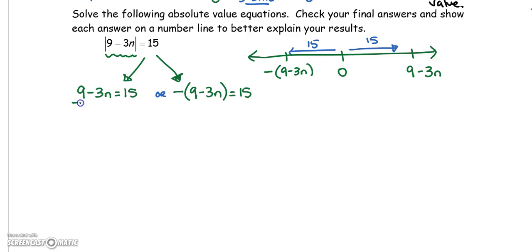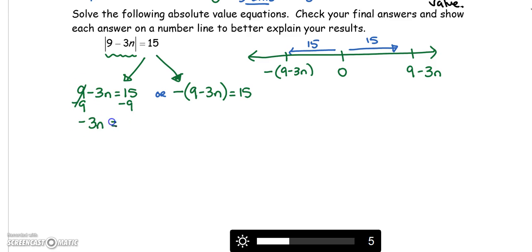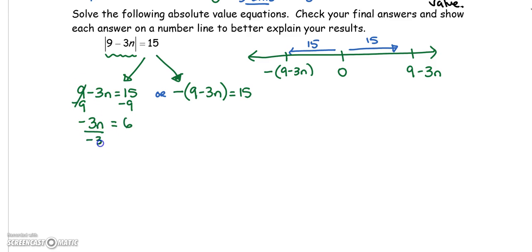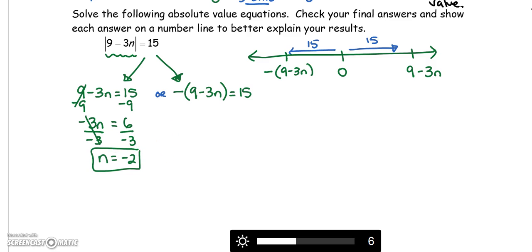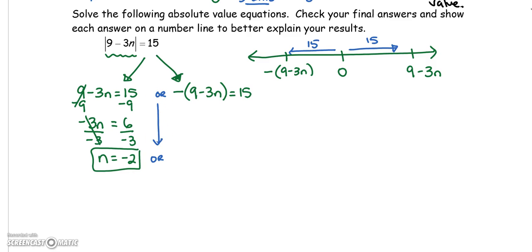Well, I'm going to subtract 9 on both sides. Negative 3n equals positive 6, divided by negative 3 on both sides, and n equals negative 2. So this could be one of my solutions, and I'm going to bring this or down just so that it's down there. And then I'm going to go ahead and continue solving the second equation. I'm going to distribute this negative.